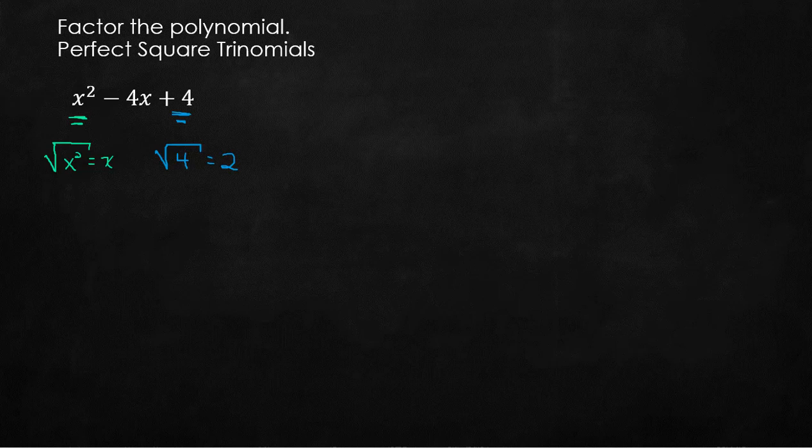So if we factored this the traditional way, so let's say that you didn't know that this was a special case and you just started factoring this like normal. Well, you look for factors of 4 that add to make 4. Well, your factors of 4 are 1 and 4, 2 and 2. Well, 2 plus 2 is 4, so you would factor it apart.